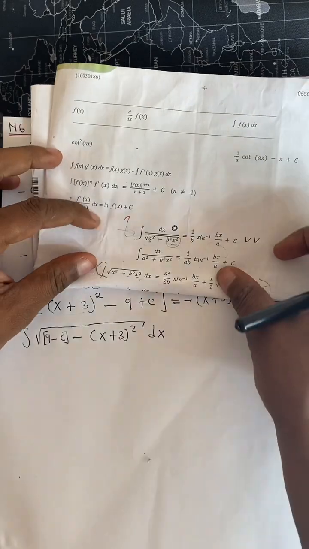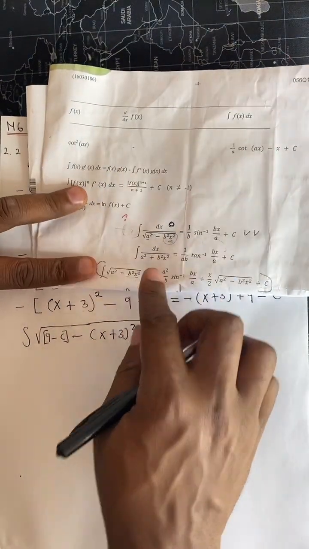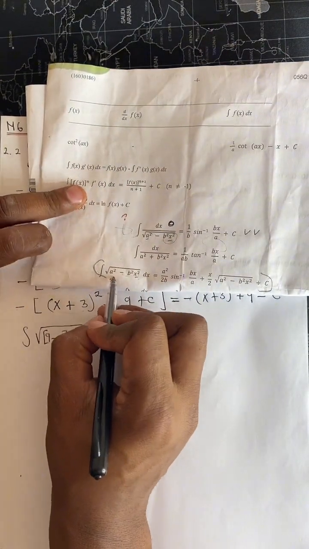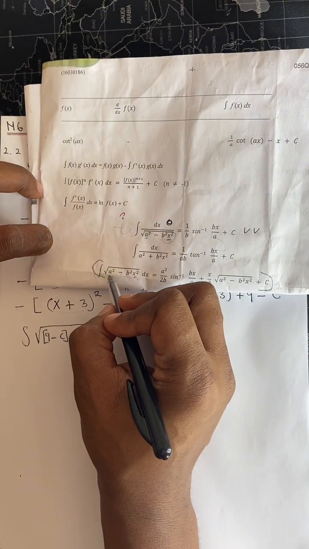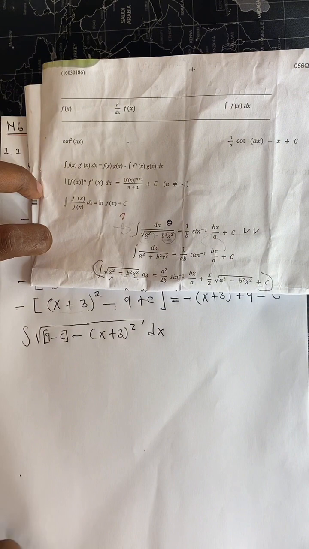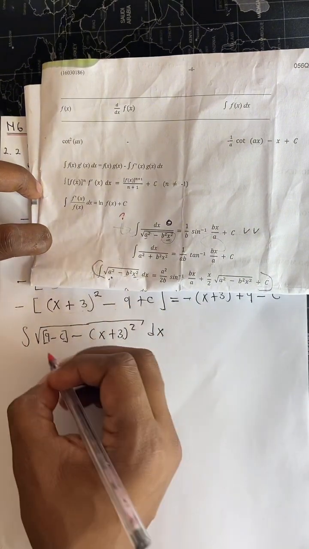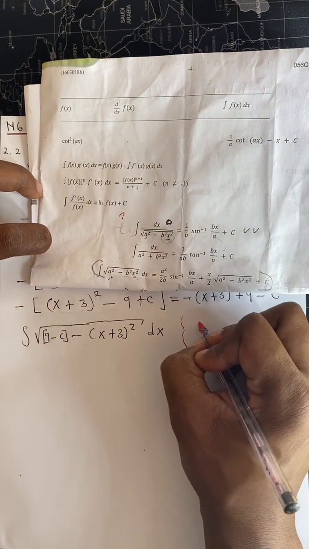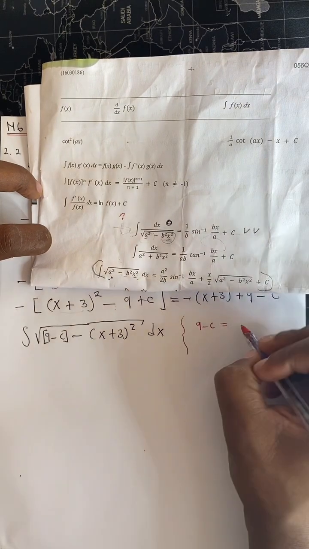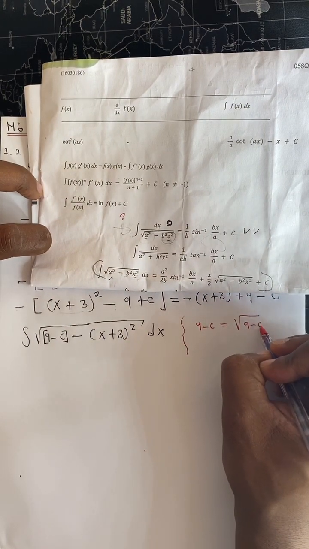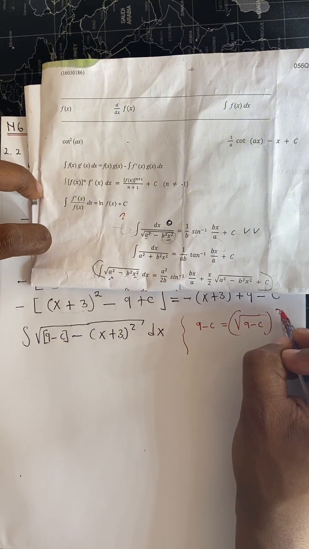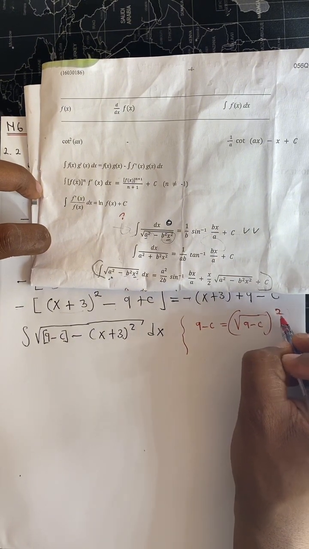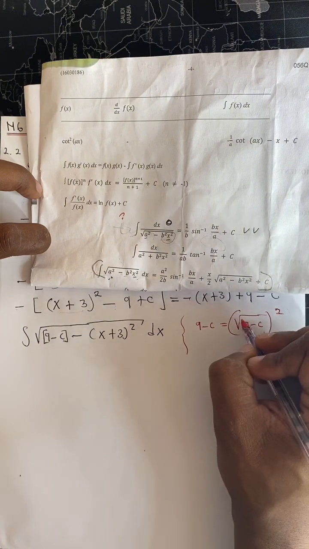And from here, we have to rearrange our integral so that it can suit that one. So let's see, we have to have the a squared, so we can write this 9 minus c as the square root of 9 minus c squared, so that we can have that square root.